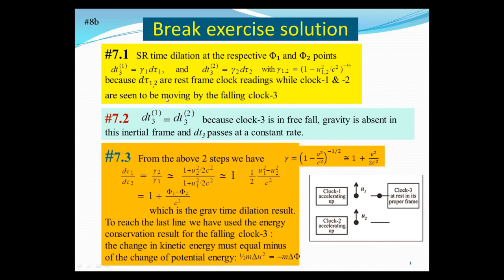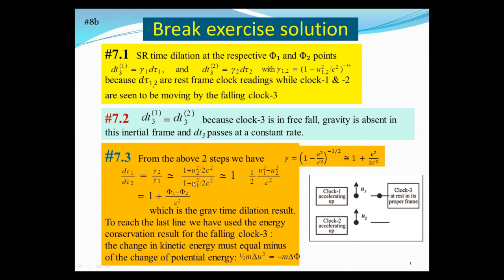Using the equality of T3,1 and T3,2, the ratio tau 1 over tau 2 is simply given by gamma 2 over gamma 1. And gamma is just 1 over the square root of 1 minus v squared over c squared. You take the first term, which is simply 1 plus, because it's two minus signs, v squared over 2c squared. So gamma 2 is 1 plus u2 squared over 2c squared, and gamma 1 is this.